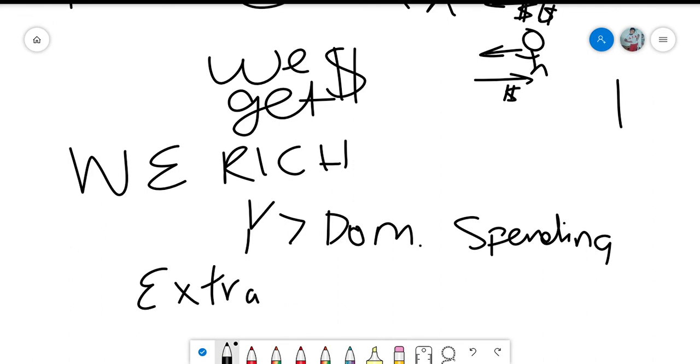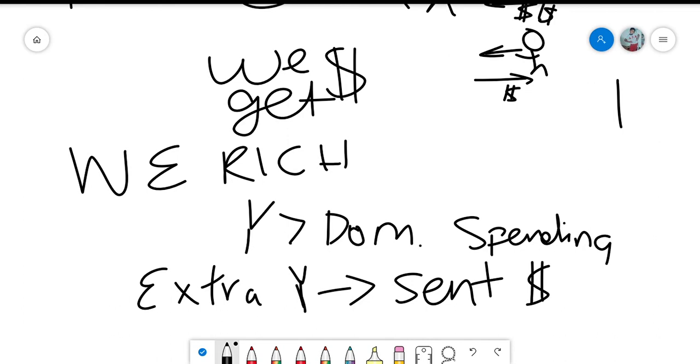Well, we send it off to invest. We send this money abroad to finance foreign investments. So basically, we are a lender to the rest of the world.